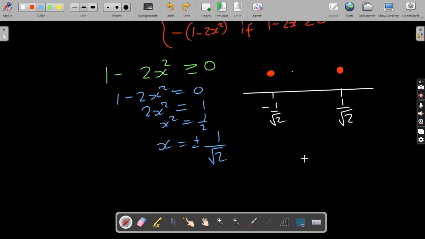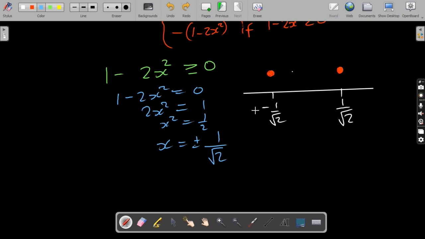So you can substitute any number in each of these regions. You have 3 regions: the region that comes before negative 1 over square root of 2, the region in between, and the one that comes after 1 over square root of 2. If you pick a number in each of these regions and evaluate it in the expression, it gives you an idea of all of the values in that range. Here's an example.